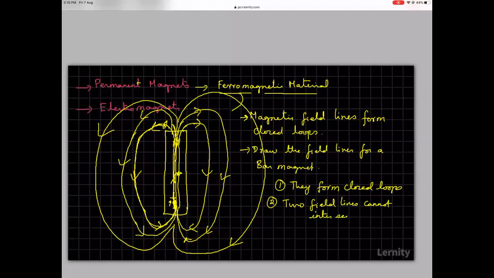And then the third thing is that the denser the field lines, the higher the magnetic field.